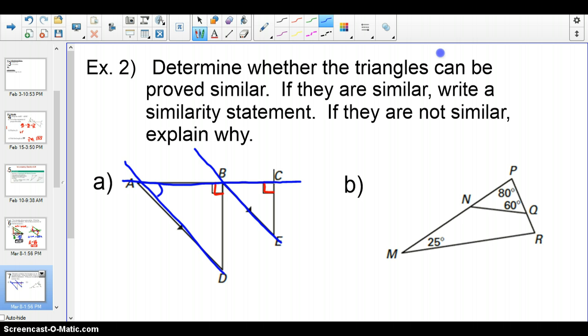With that, you should see that these two angles here and here are congruent because they're corresponding. So you've got two corresponding angles congruent, so these two shapes are similar. So triangle ABD is similar with triangle BCE.